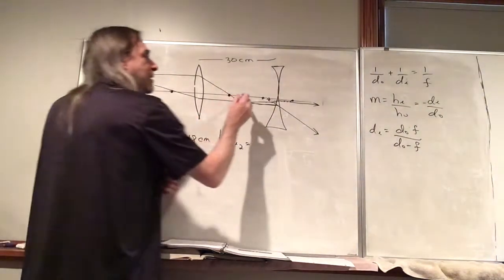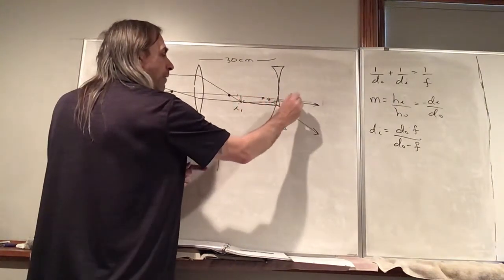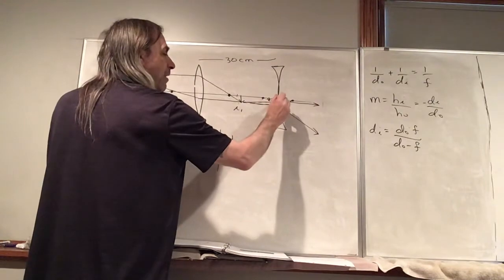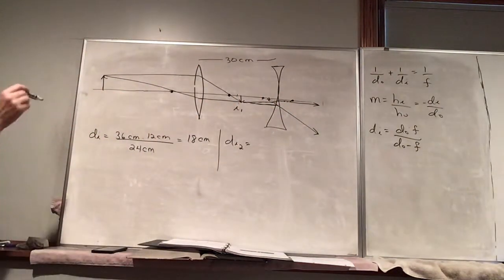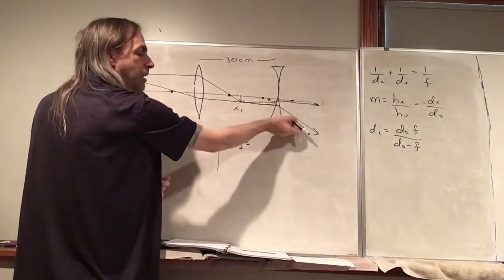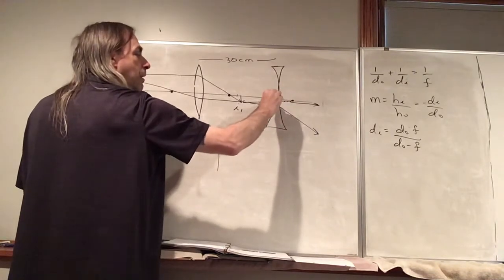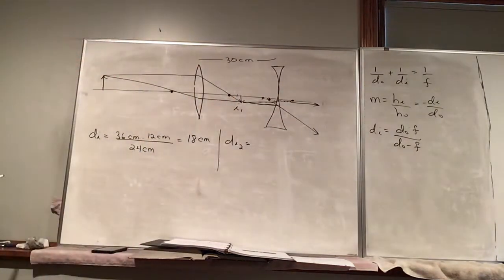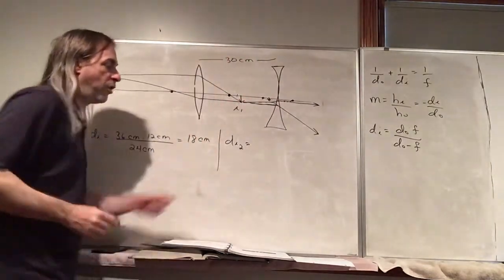And it's kind of hard to see, but this one goes towards the focal point on the right, but when we hit the lens, it'll come out parallel to the principal axis. And so these two rays are diverging, so we trace them both backwards. And we get an image here, which I'm going to estimate for DI2.